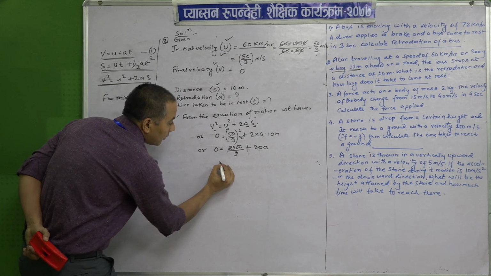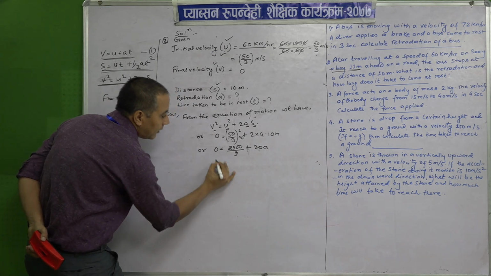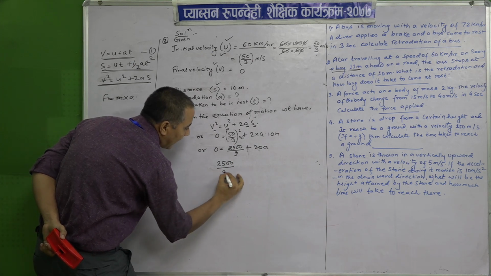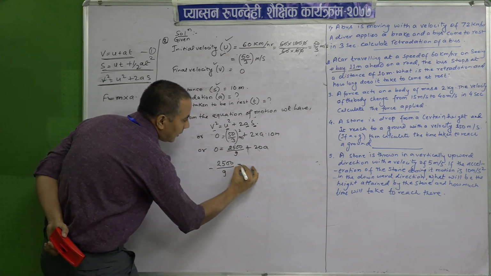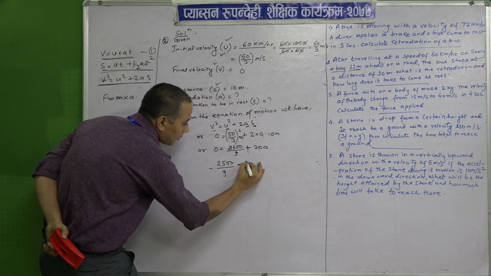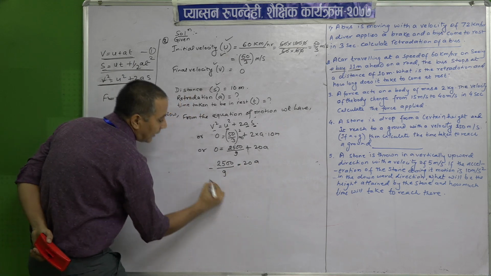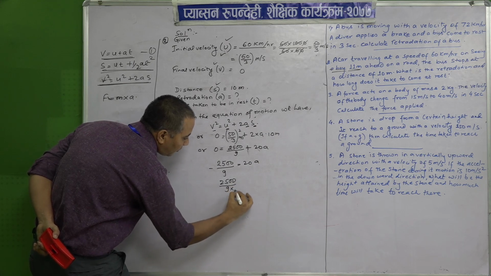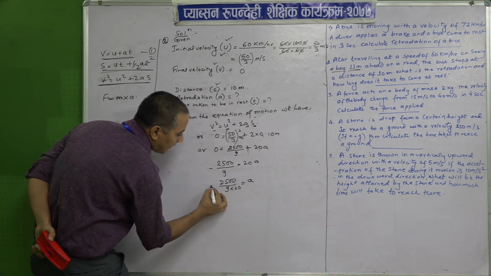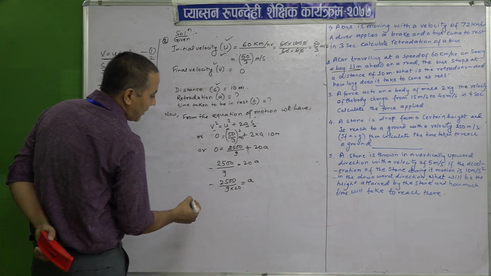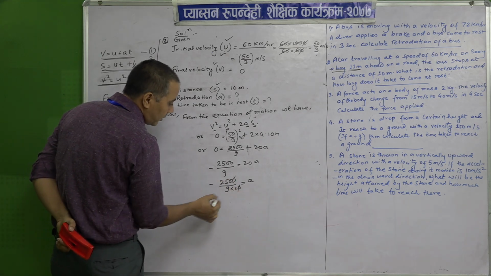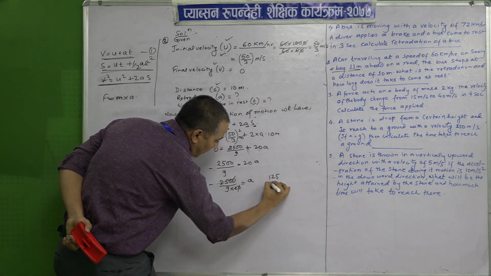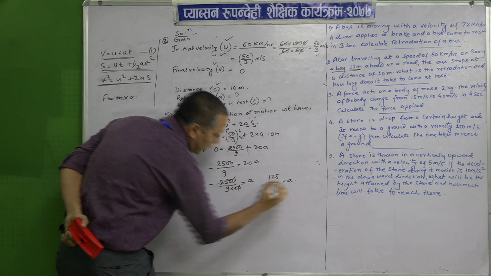Okay, so we can carry this one here: 2500 upon 9 with a minus sign equals 20a. Again, we carry 2500 upon 9 into 20 equals a. So, how much will it be? The 0s cancel, so it is 125 upon 9 equals a.